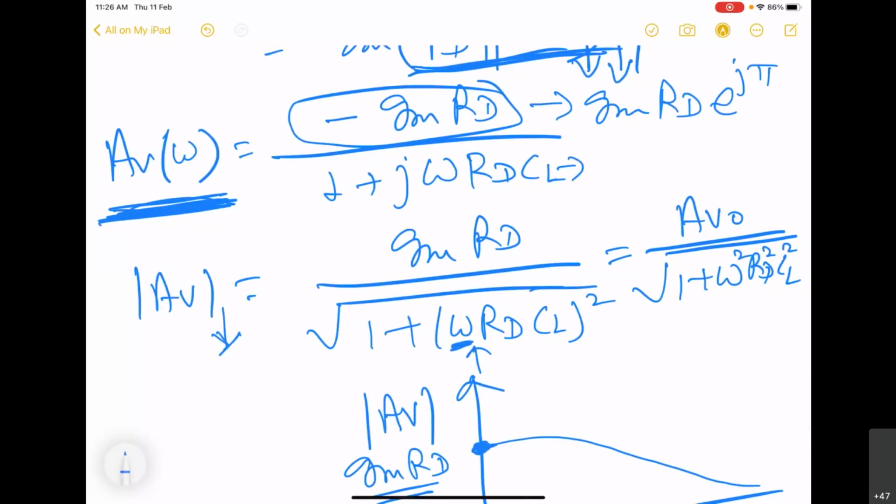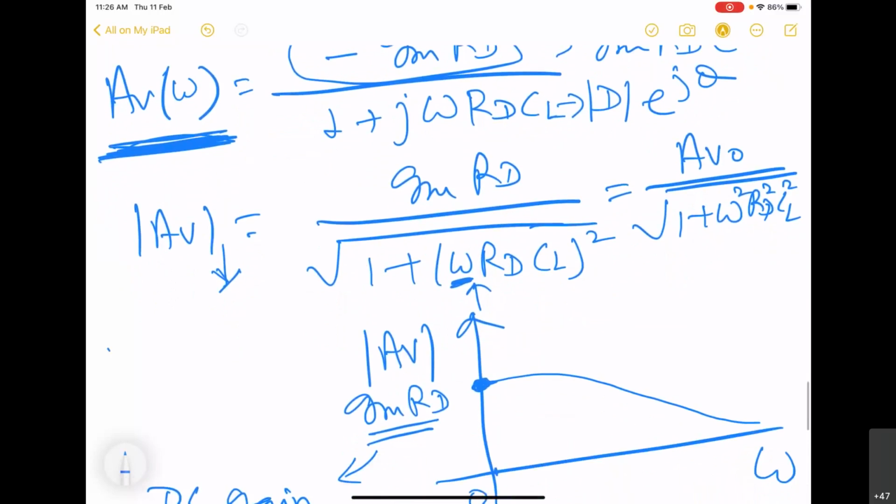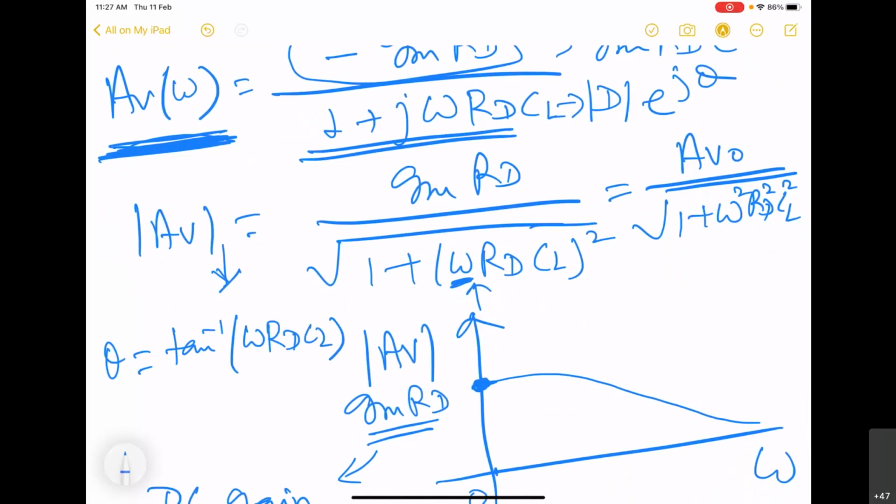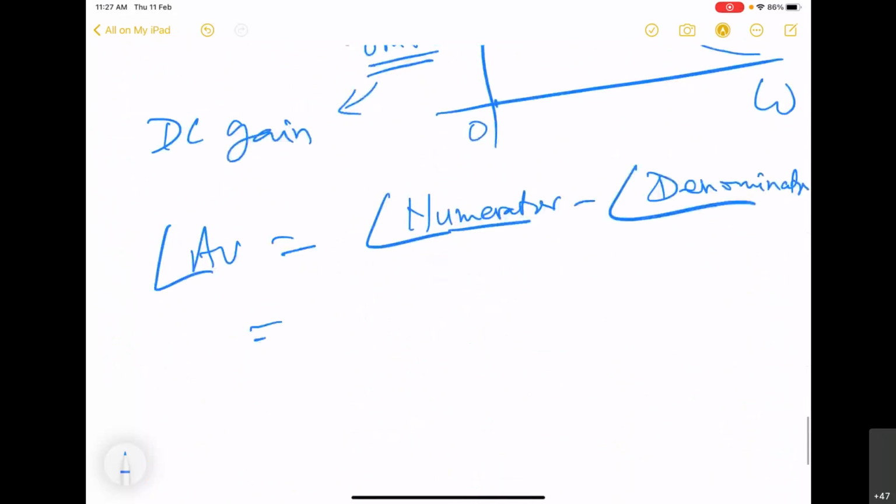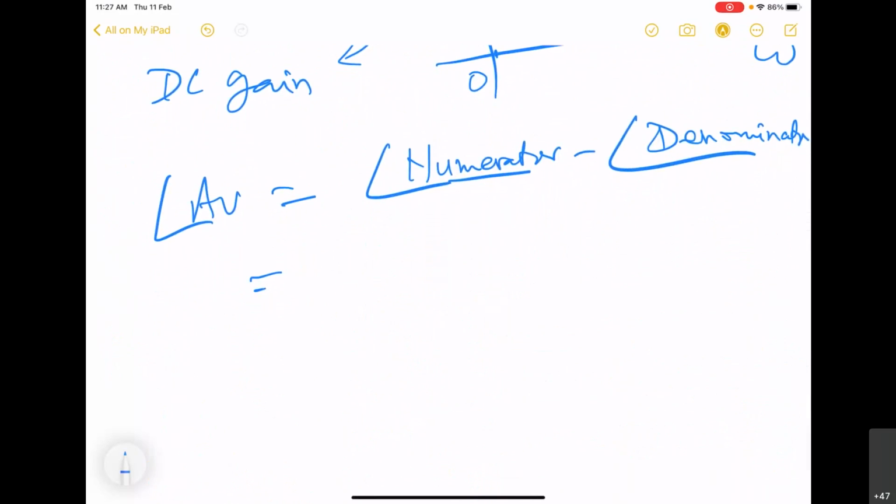Similarly, the denominator can be written as magnitude of the denominator times e raised to the power j theta, where theta is the phase of this denominator, which will be tan inverse of omega RD CL. So the phase is going to be pi minus tan inverse omega RD CL.